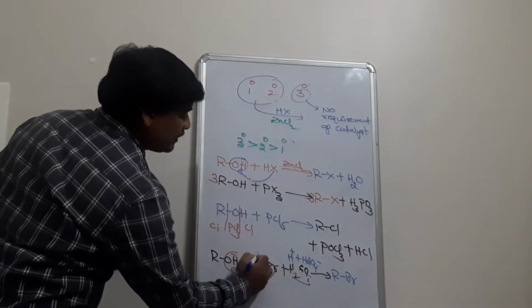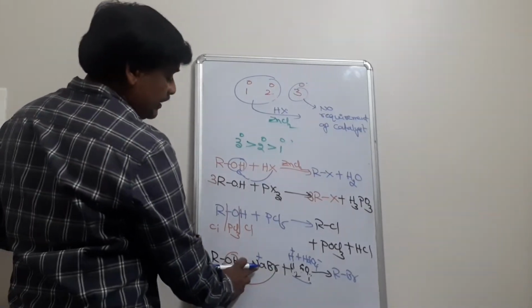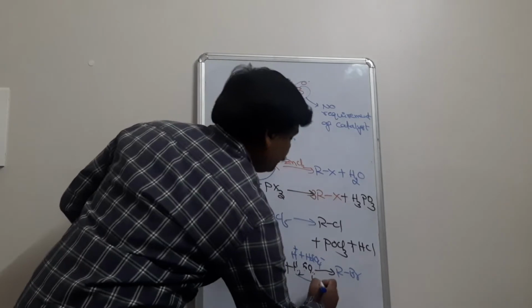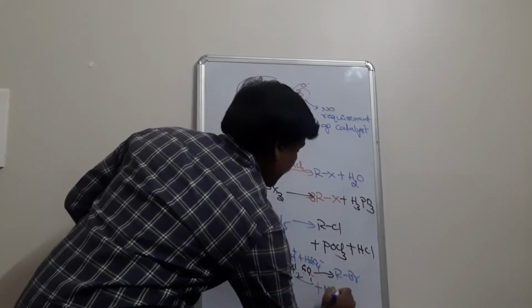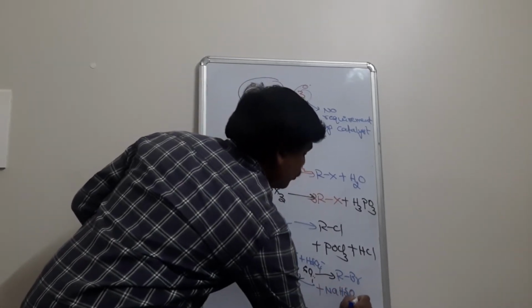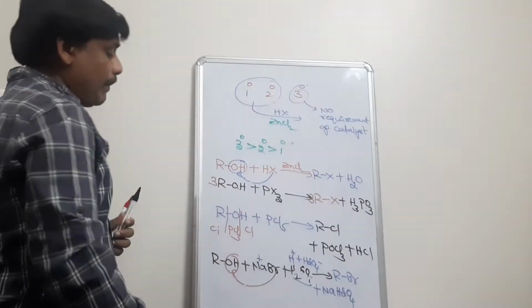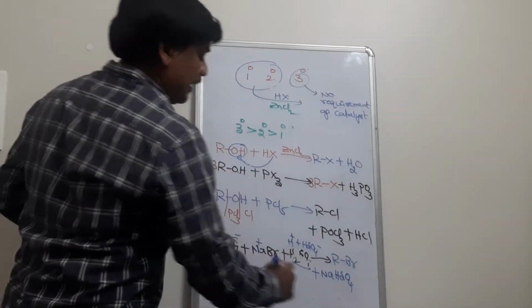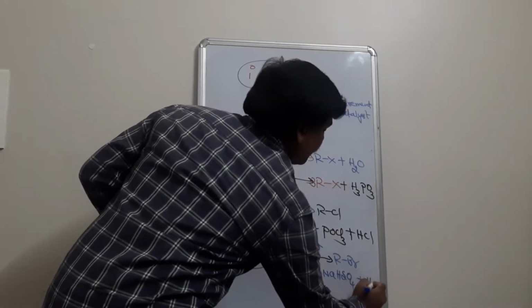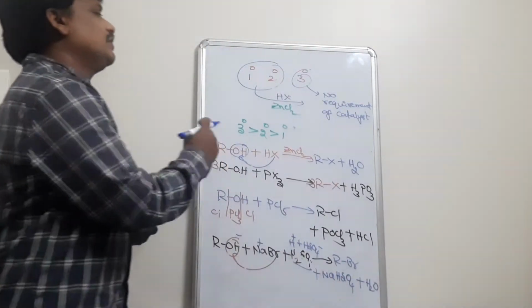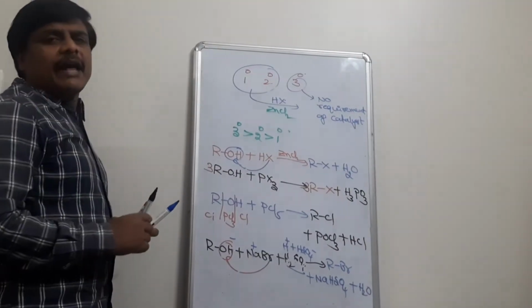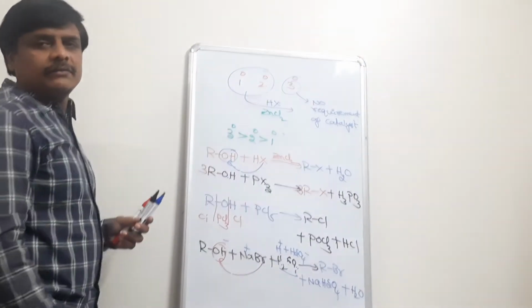We know that sodium has a positive charge, so this Na plus combines with HSO4 minus to form NaHSO4, sodium bisulfate, and this H plus combines with OH minus to form H2O. So these are the preparation methods of alkyl halides from alcohols.